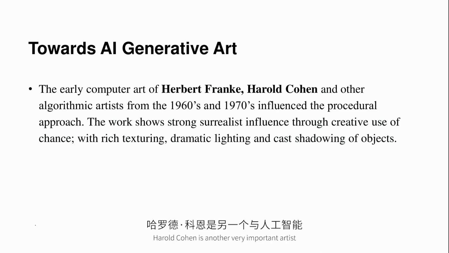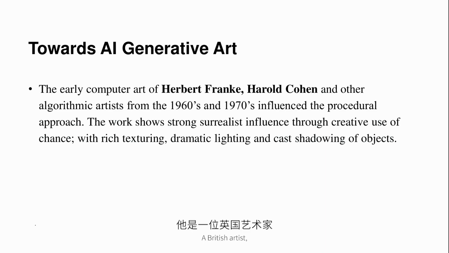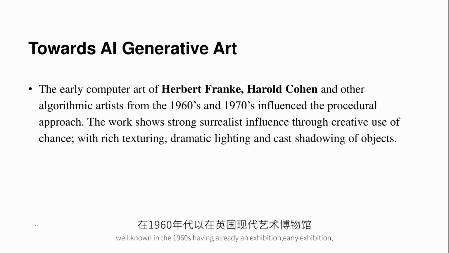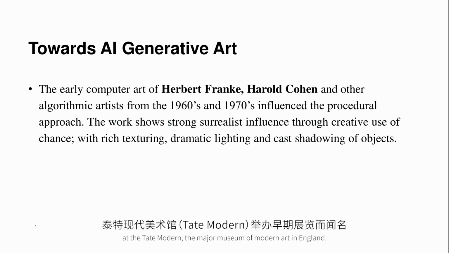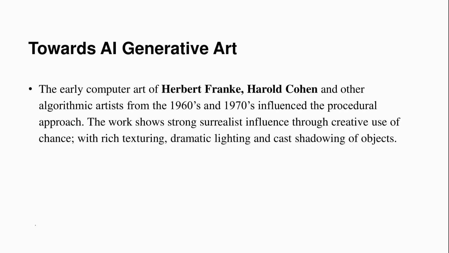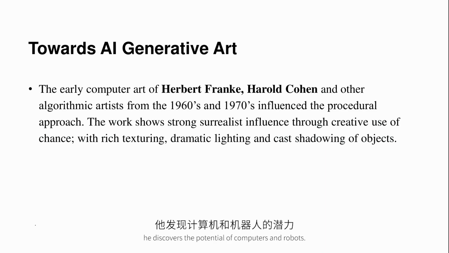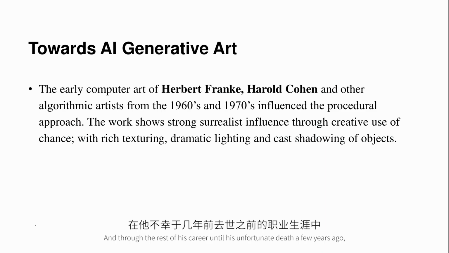Harold Cohen is another very important artist in conjunction with AI and robotics. A British artist, well known in the 60s, having already had an early exhibition at the Tate Modern, the major museum of modern art in England. In the late 60s, early 70s, he discovers the potential of computers and robots.